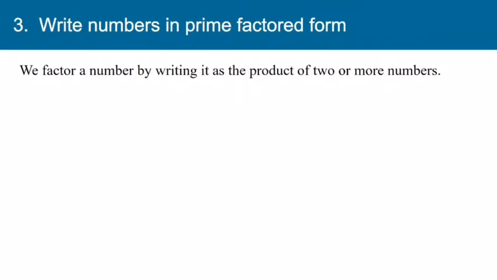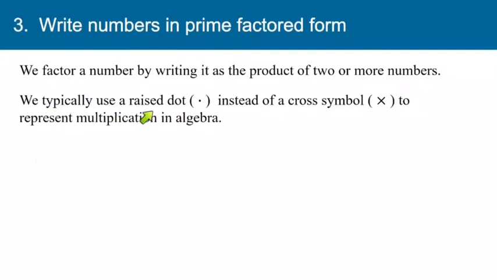Now let's start to move toward writing a number in its prime factored form. We factor a number by writing it as the product of 2 or more numbers. And we typically use a raised dot between the numbers instead of the cross symbol to represent multiplication in algebra, because this cross symbol looks a lot like an X. It's not technically an X, but most of us couldn't tell our times symbol from our X. So we try to stay away from this symbol for multiplication in algebra, and instead we either use parentheses or this dot.